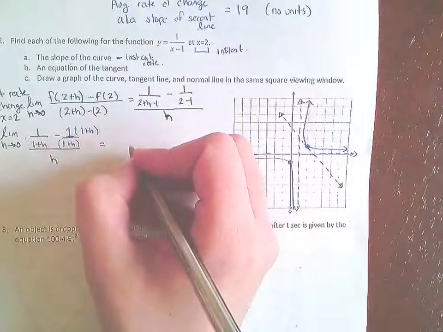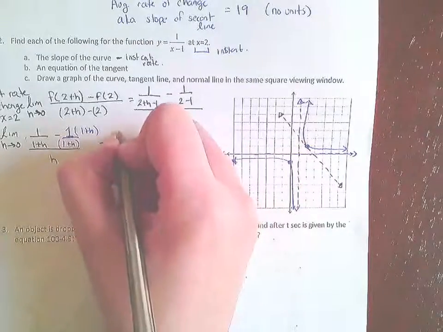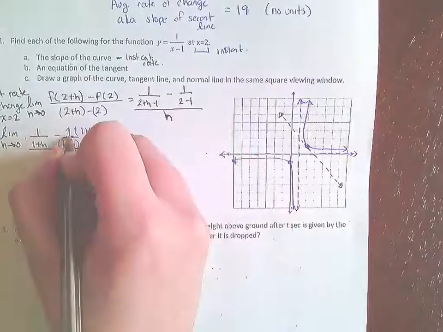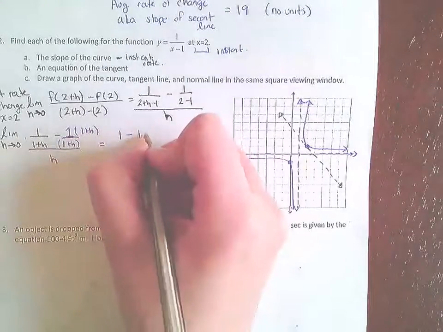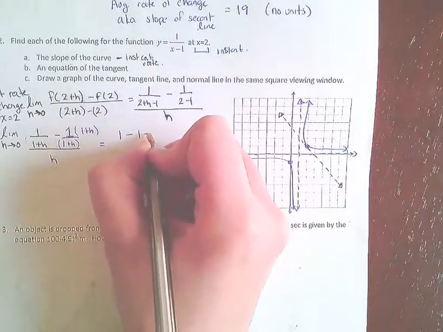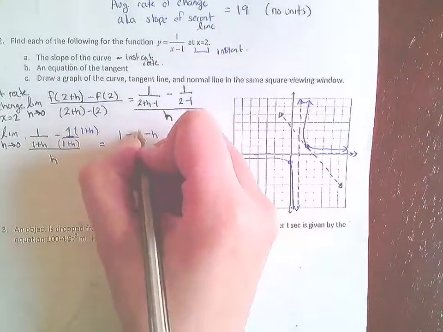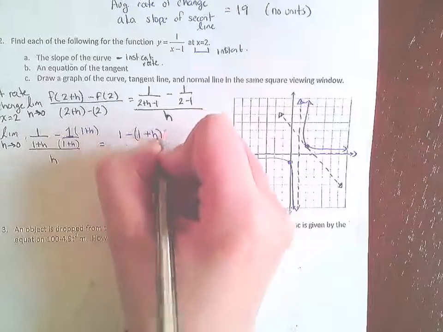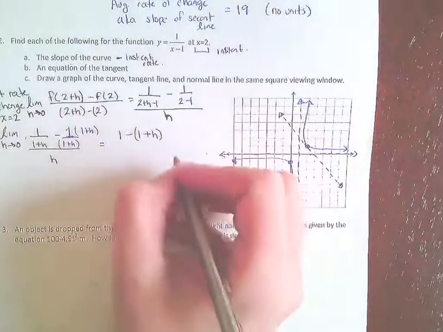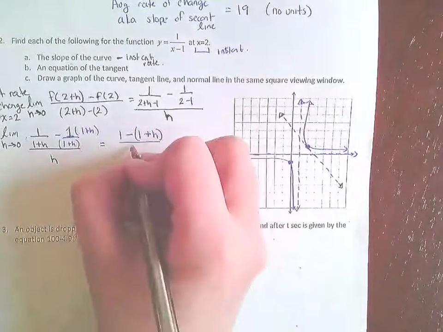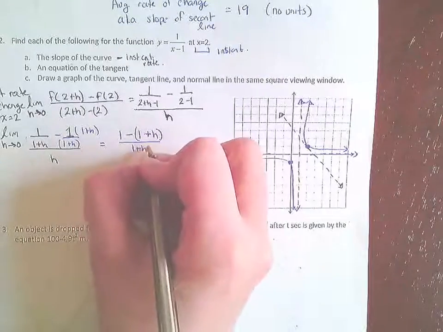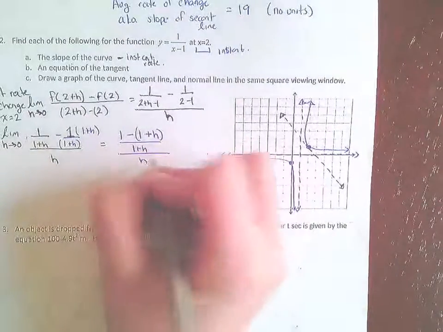1 minus 1 minus h, okay? Or I can do this, 1 plus h, and then you'll know that that minus is going to distribute later. All of that is now over 1 plus h, and that is over h.